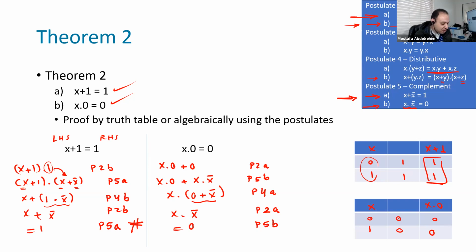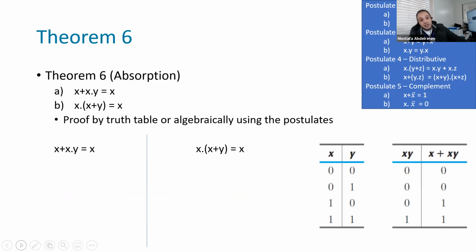Okay, so this is basically the first two theorems. Let's now continue with the other ones. We're going to start with theorem 6, because theorems 3, 4 and 5 are hard to prove in algebra. Not hard, but very long. So I'm going to do them using the truth table.